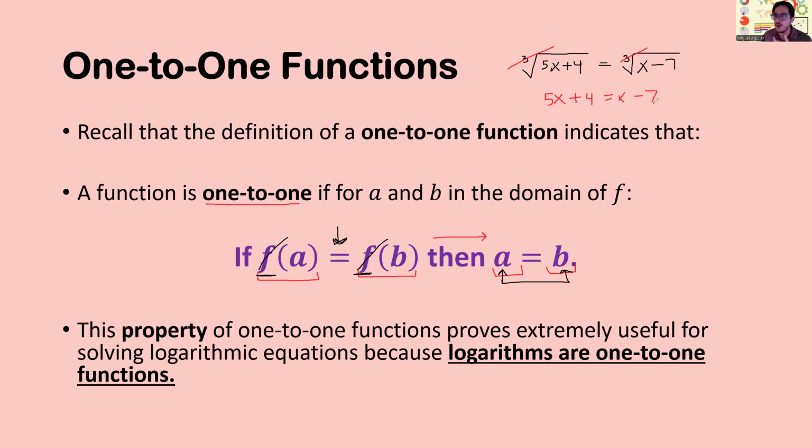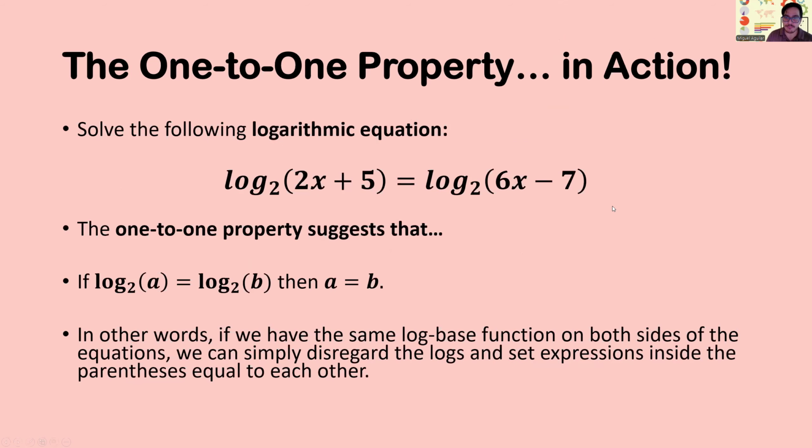And without knowing why you can do that, it turns out that this cube root function is a one-to-one function. So if I have it on one side of the equation and on the other side of the equation, then I can drop that complicated function and just work with the stuff that's on the inside in a simpler equation. We're going to see this play out for logarithms, and I assure you, it's going to make them seem so simple.